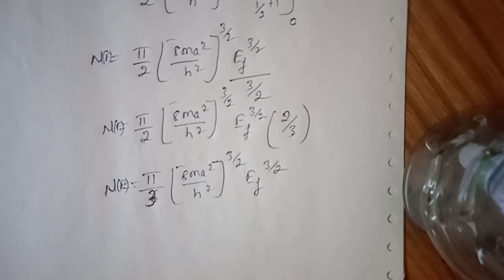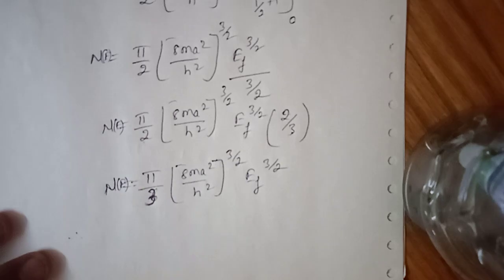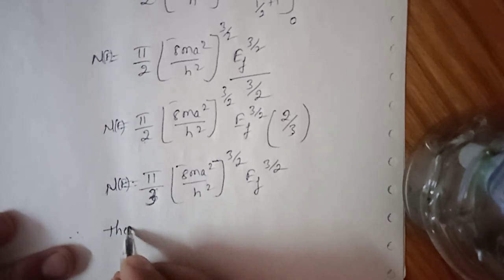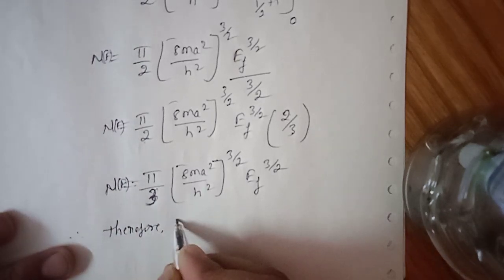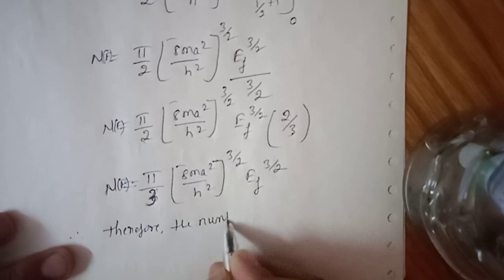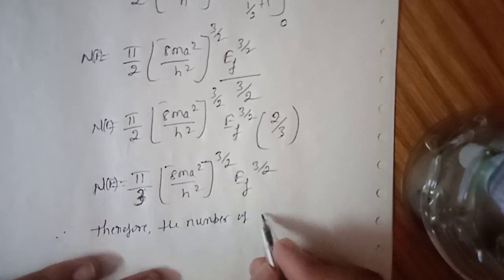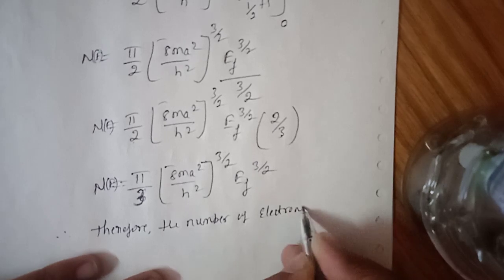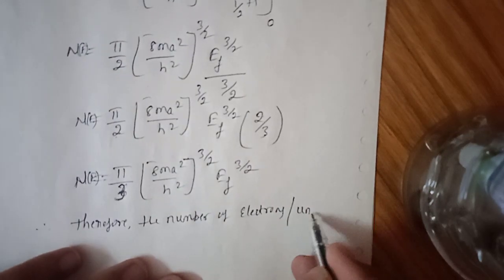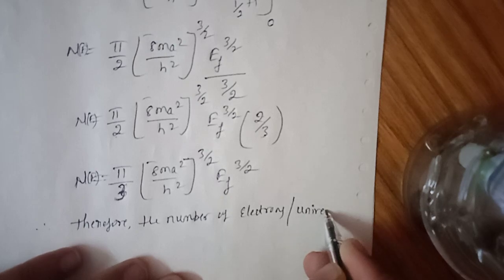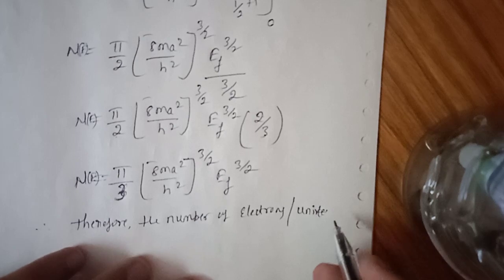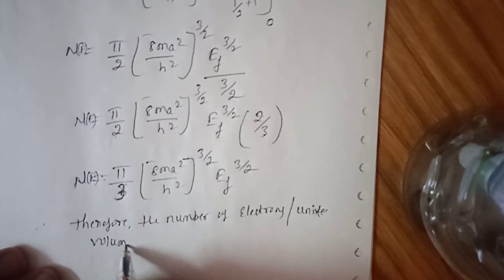Now we will check, therefore, the number of electrons per unit volume.